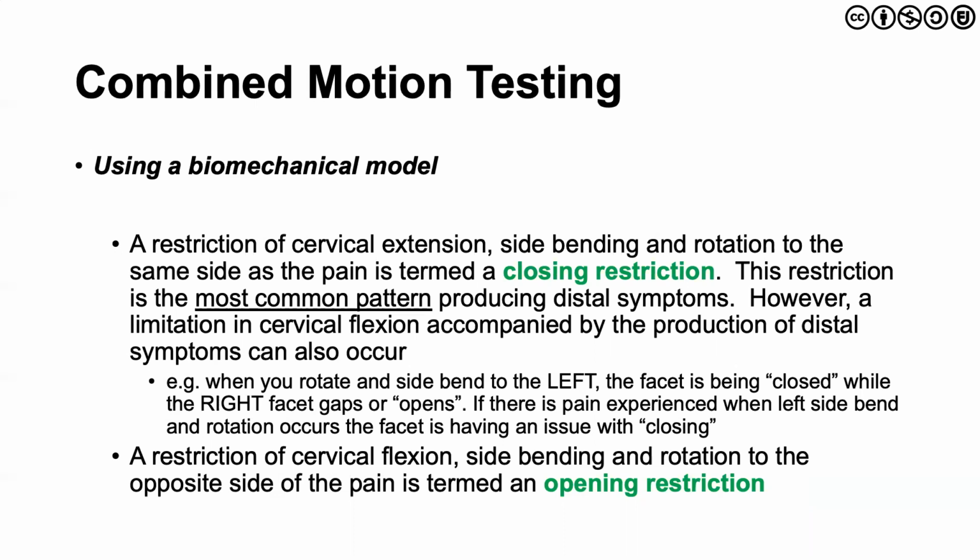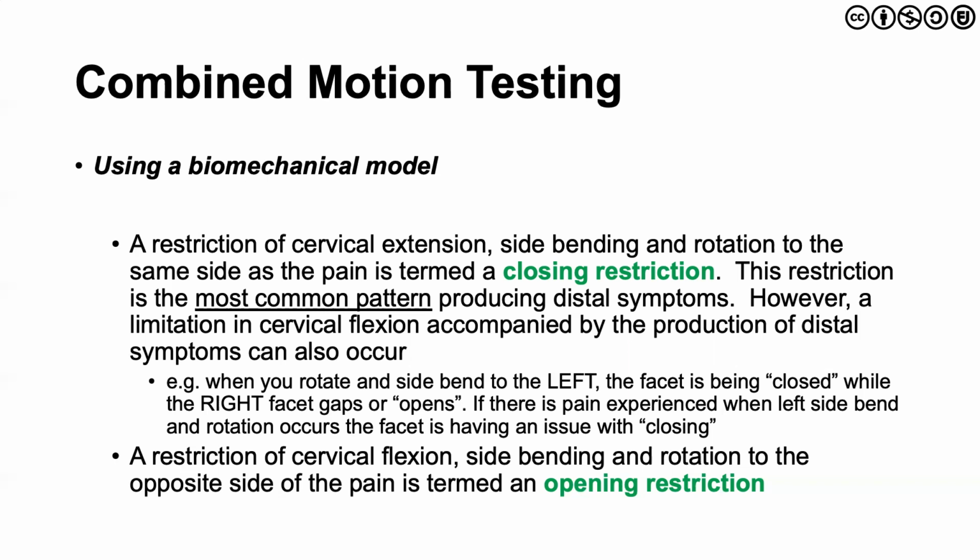However, a limitation in flexion accompanied by the production of distal symptoms can also occur. And so what do I mean by this? Well, imagine for a second, you are rotating and side bending to the left. As you do that, keep in mind the inferior facet is closing. It is approximating to the superior facet just below it, while the right facet gaps and opens, it being opposite, as you go into extension.